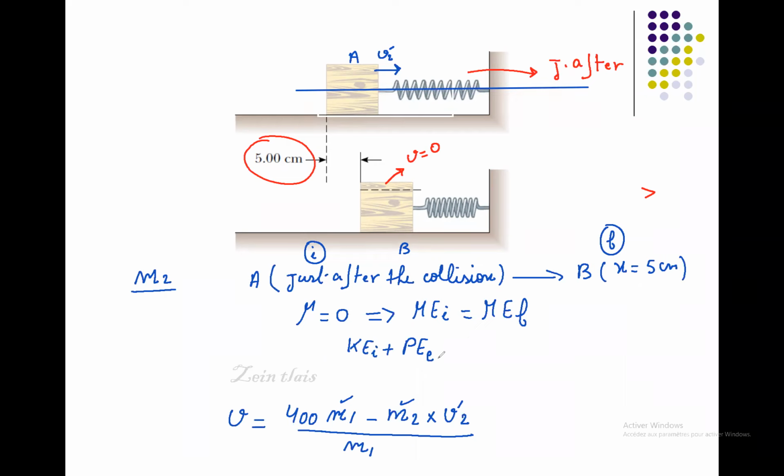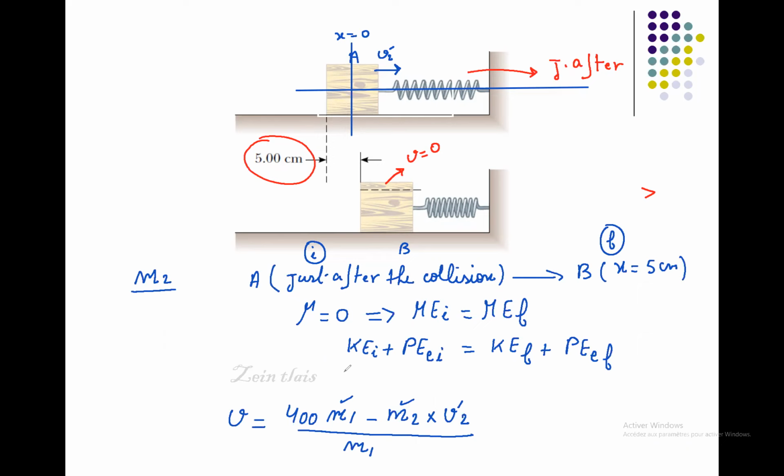So we have kinetic initial equals KE final plus potential elastic final. At the initial position we don't have compression, we have x equals 0. So initially we have only kinetic.